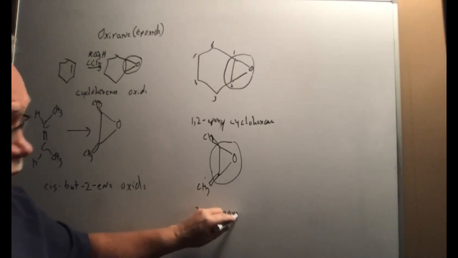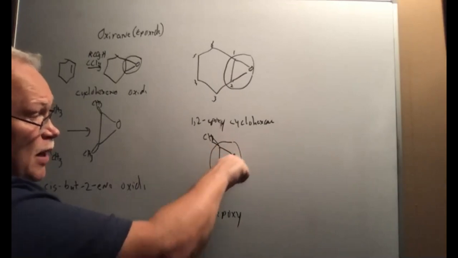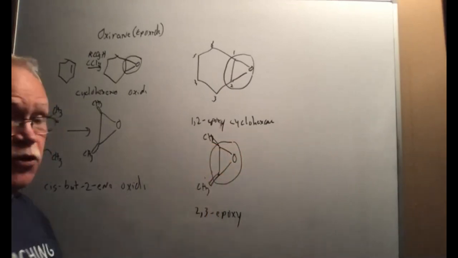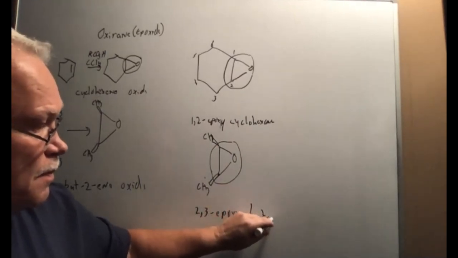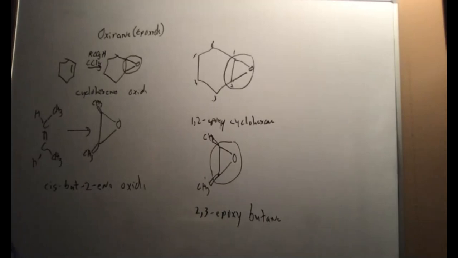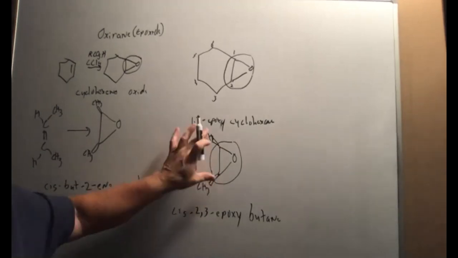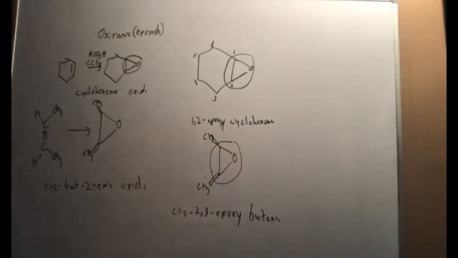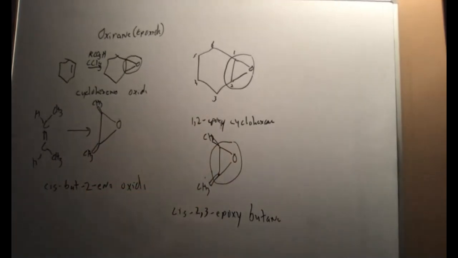Does everybody see why it's 2,3? Because it's the 3-membered ring hooked on the number 2 and number 3 carbons. Butane. Okay. And again, it's cis because these 2 methyl groups are cis on the ring. Not because of a double bond, but because of their position on this ring. Okay, that's all there is to this.